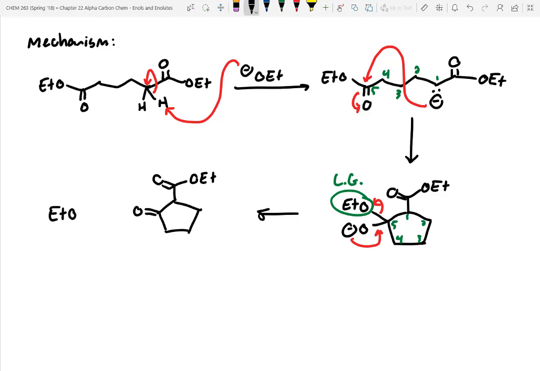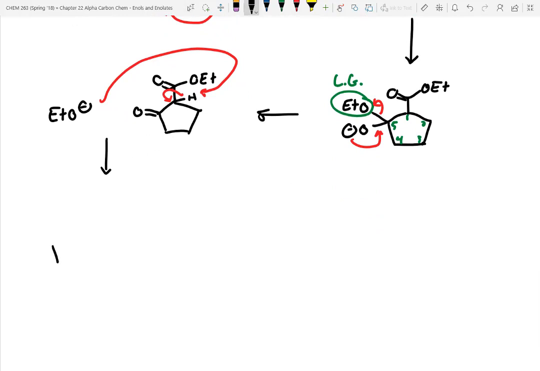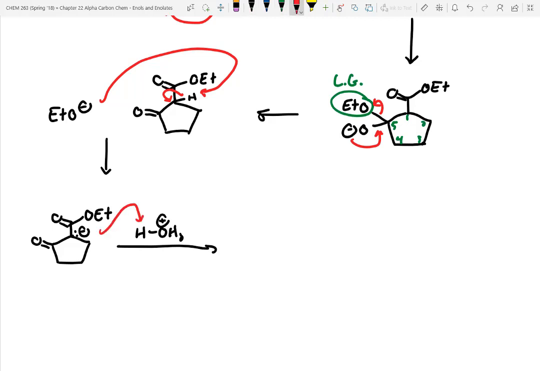We've got ethoxide, but we did have that problem where we've got this alpha proton in between both carbonyls that will quickly get deprotonated, which is why we need acid in that last step. And the acid will give its proton to that enolate in order to give you your neutral product.